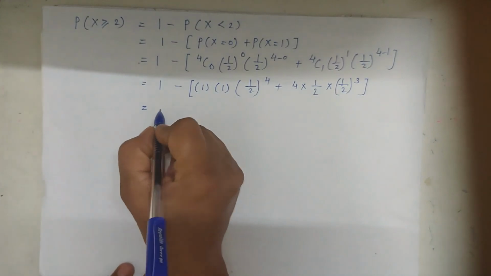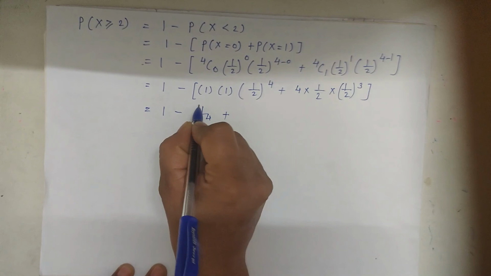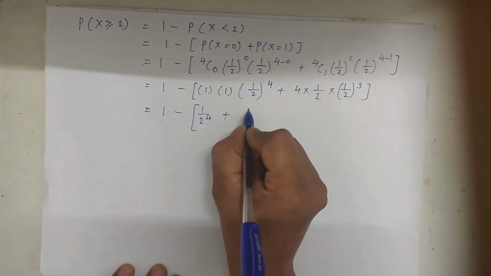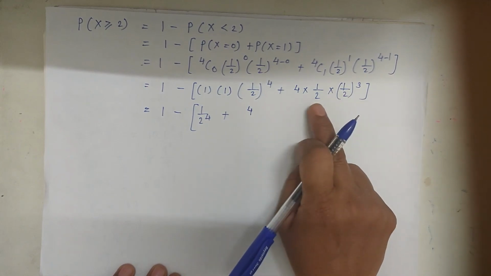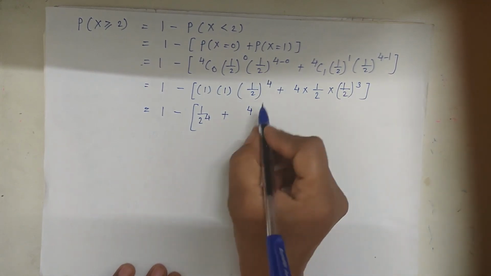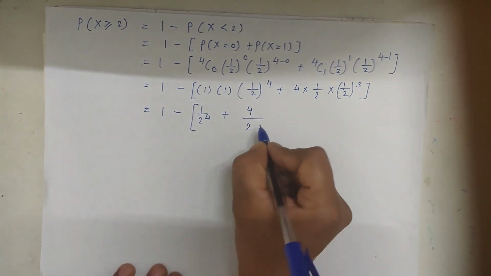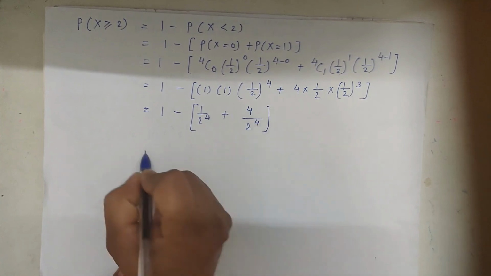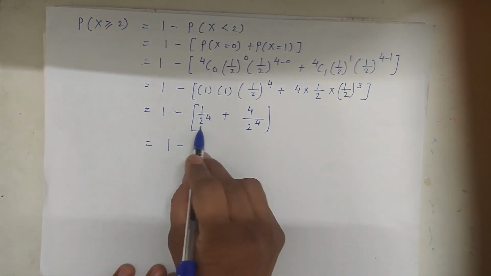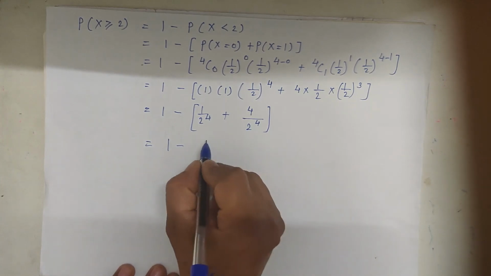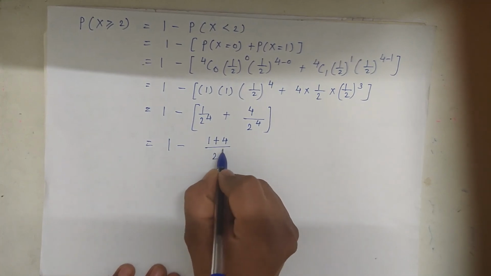Then calculating this, 1 minus (1/2) raised to 4 plus 4 into 1, 4 upon 2 raised to 1 and 2 raised to 3. Adding the indices of 2 raised to 1 and 2 raised to 3, that is 2 raised to 1 plus 3, 4. Then 1 minus, here the denominators are the same for both terms, so adding the numerators, 1 plus 4 upon 2 raised to 4.